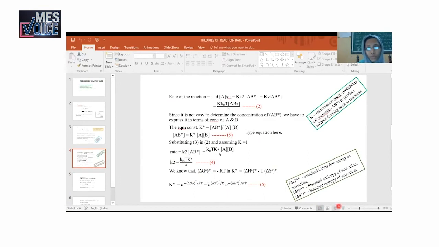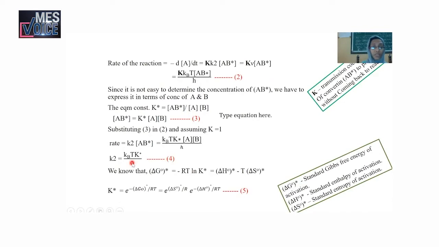Then from thermodynamics, we know that the free energy is related to the equilibrium constant as delta G0 is equal to minus RT ln K. Here G0 is for the activated complex, so we can put a star in all this. So delta G0 star is equal to minus RT ln K star. From the well-known Gibbs-Helmholtz equation, delta G0 is equal to delta H0 minus T delta S0.